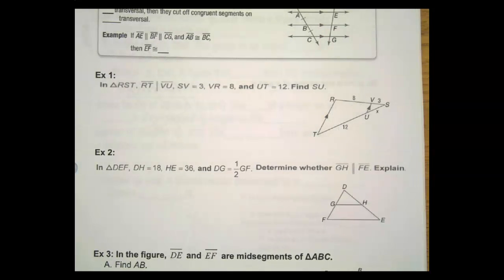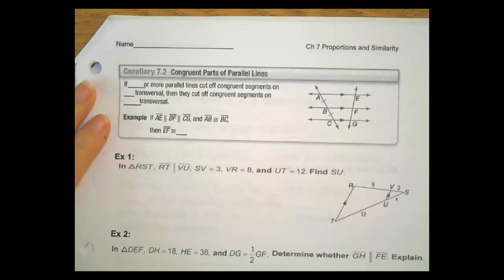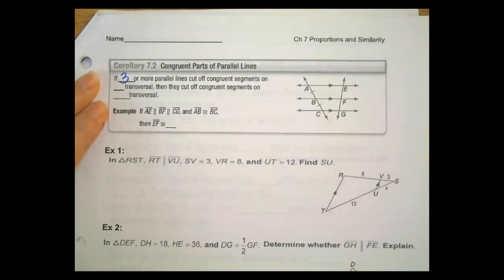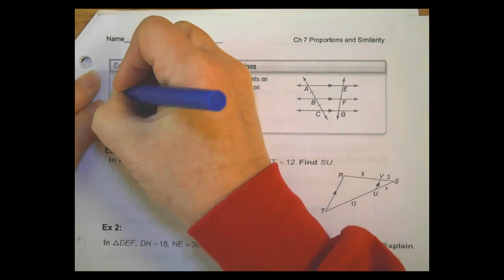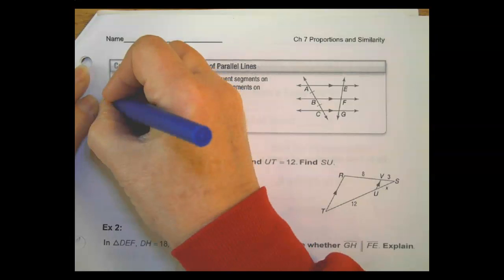The congruent parts of parallel lines. So if 3 or more parallel lines cut off congruent segments on one transversal, then they'll do it on every transversal.